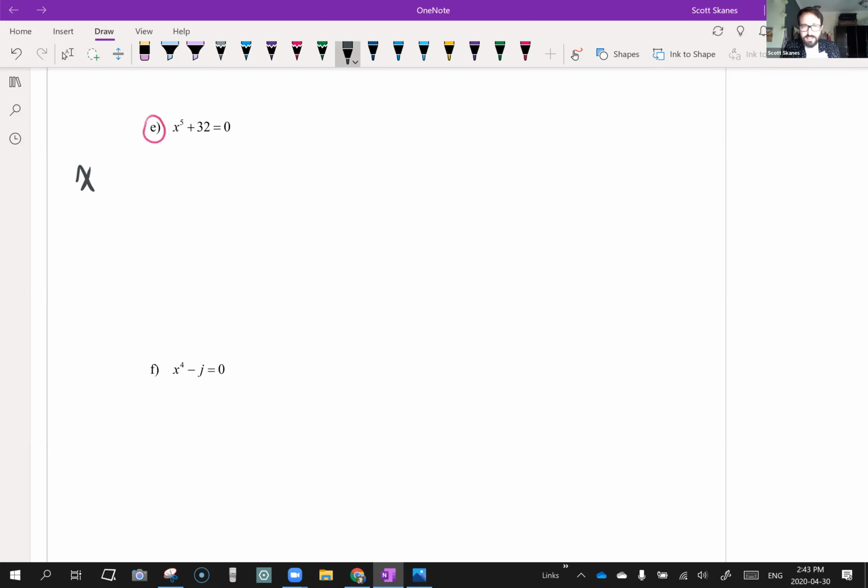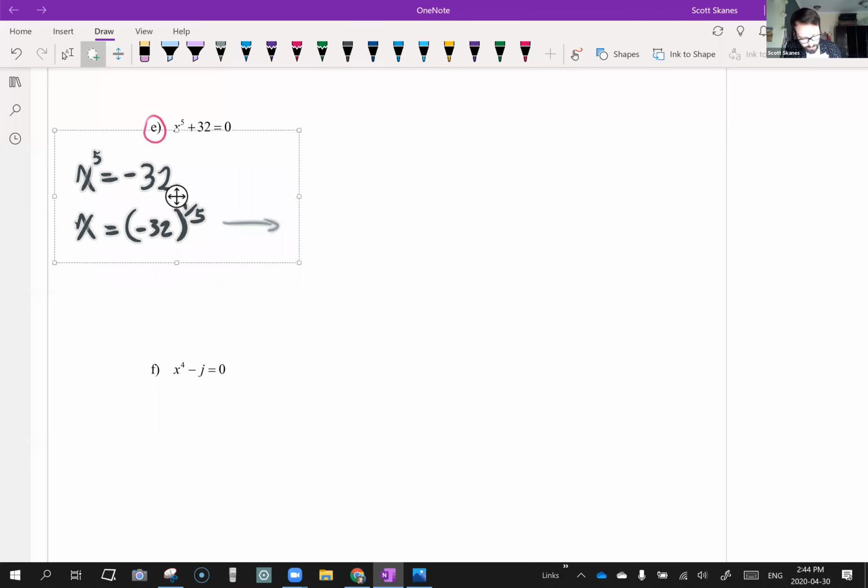There is a question on the assignment on de Moivre's theorem. That's why I'm trying to get this out of the way now, so you can study it over the weekend. This is x to the power 5 equals negative 32. That means that x equals negative 32 to the power of 1 over 5. As a polar form number, I'm going to make this smaller because I'm going to run out of space really quick.